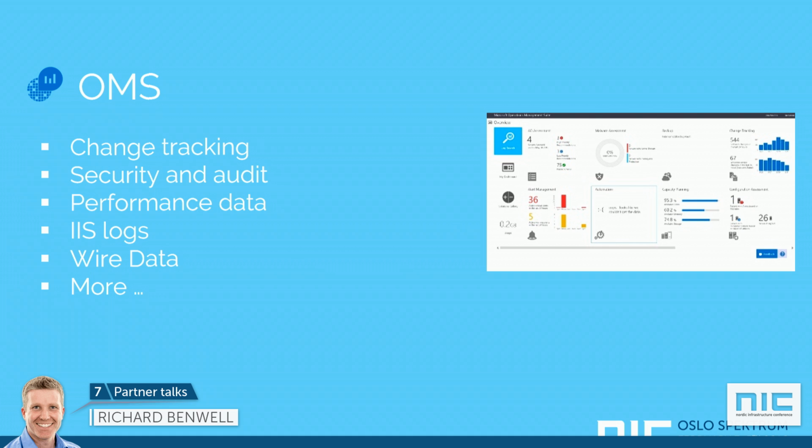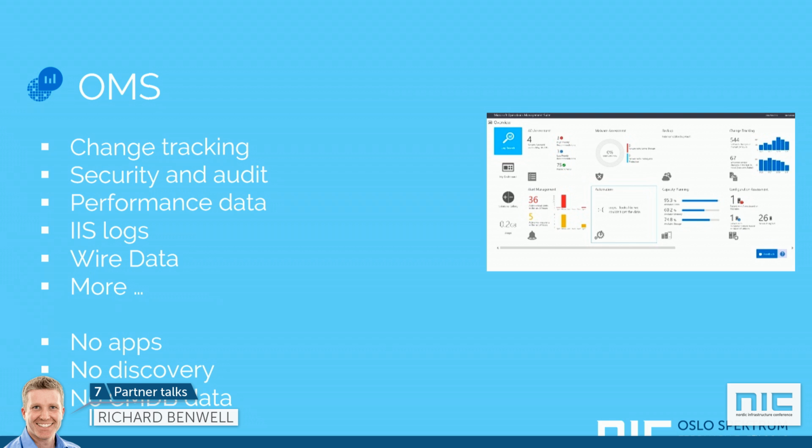And you've got everything from every single change going on your servers, all the security events. You've got performance data going up, all of your logs from IIS and other applications, wire data and so on. They've got an absolutely amazing roadmap of data going up into OMS. So you've got this massive data source up there with the potential to provide a lot of answers.